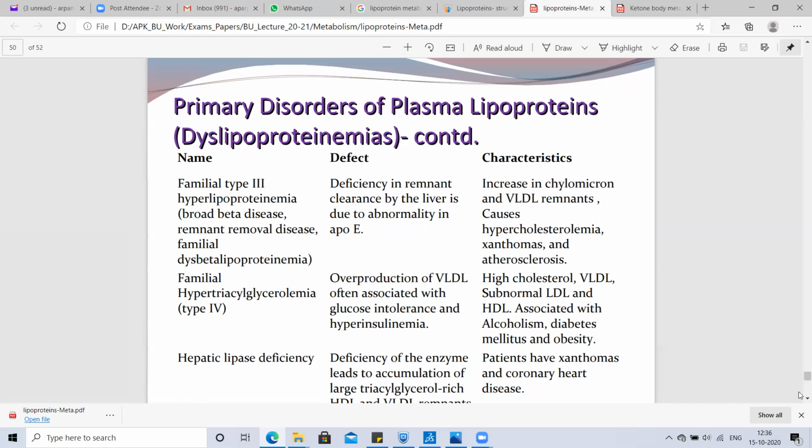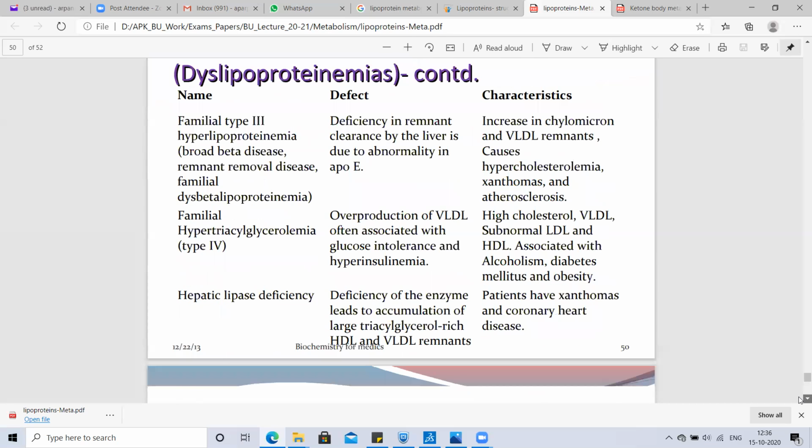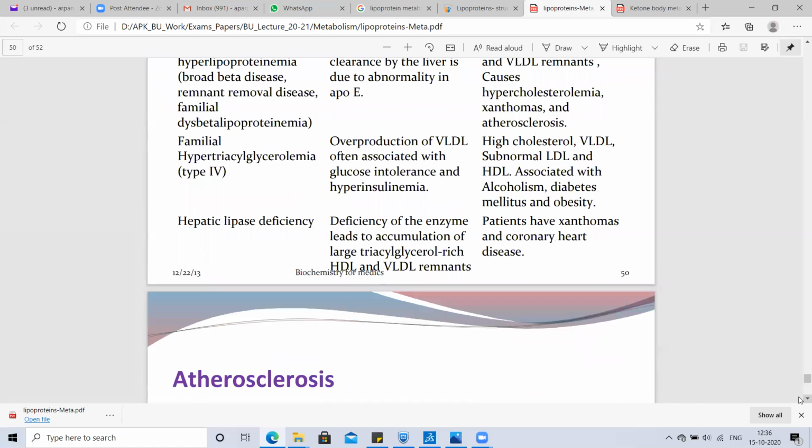Hepatic lipase deficiency occurs due to a deficiency of the hepatic lipase enzyme, and this leads to accumulation of larger triacylglycerol-rich HDL and VLDL remnants. Patients with hepatic lipase deficiency have xanthomas and coronary heart disease.